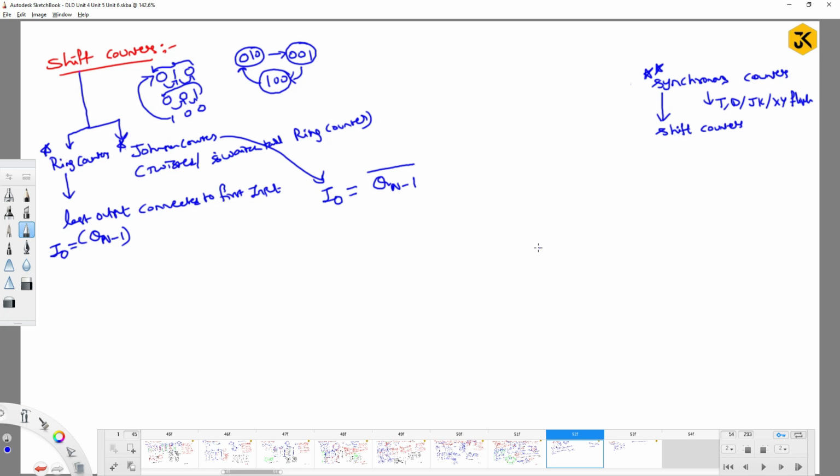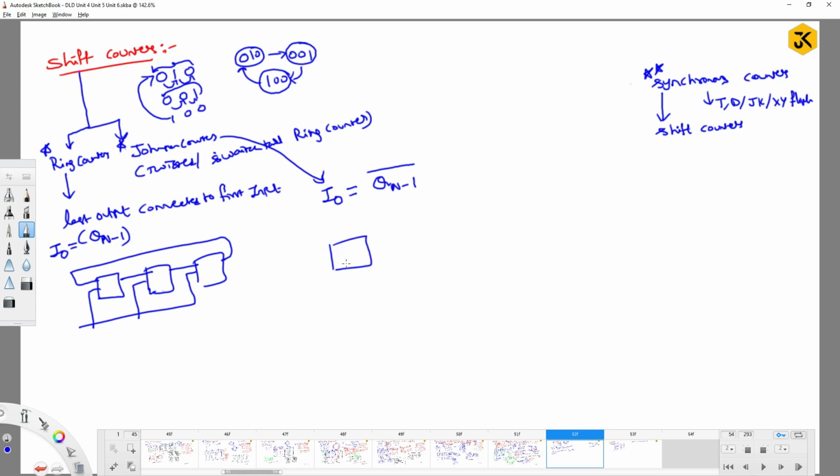The reason why we do that, I will tell you at a later point. So this is the definition. If I draw the diagram, all are connected like this, and this is connected like this. This is a ring counter.